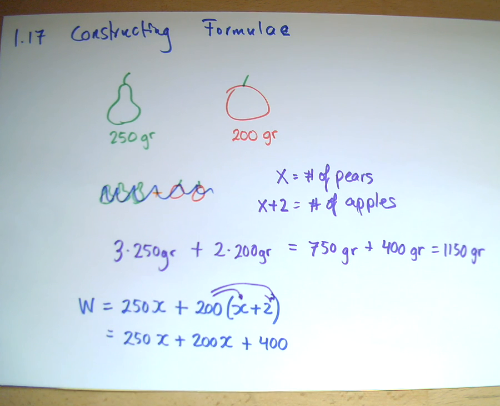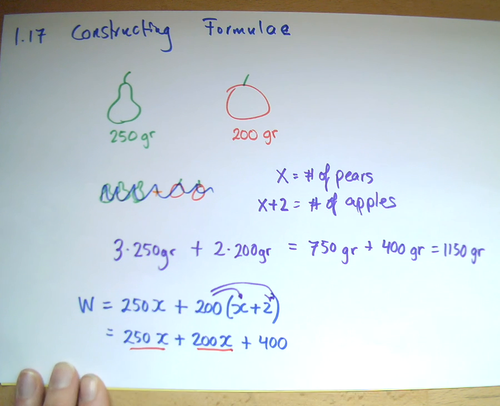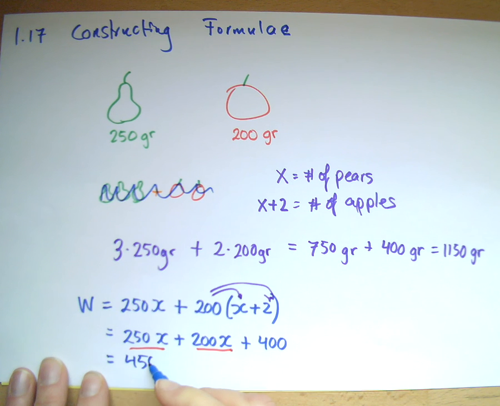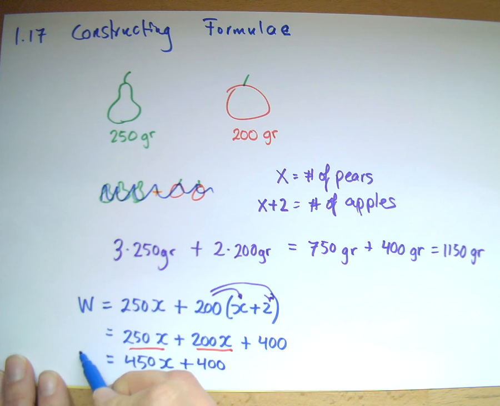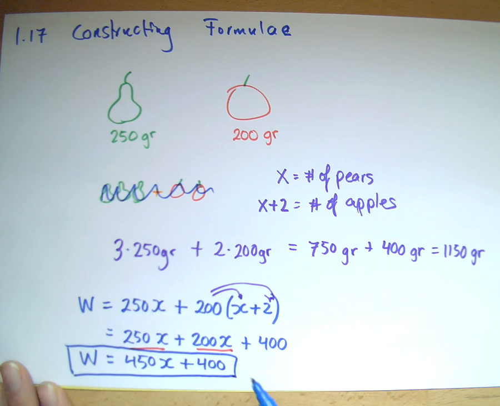We have 250x and 200x and some loose 400 grams. 250 plus 200 is 450x plus 400. So this is our final equation for the weight of the fruit that we're getting. So when we figure out how many pears we're going to buy, we plug that number in for X and it'll tell us how much our pears and apples are going to weigh together.